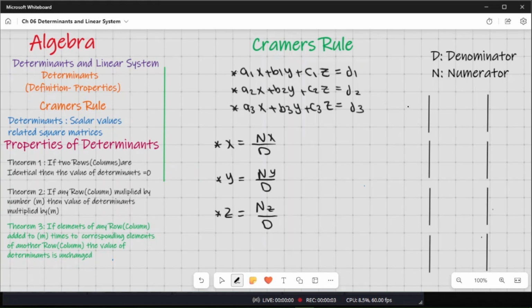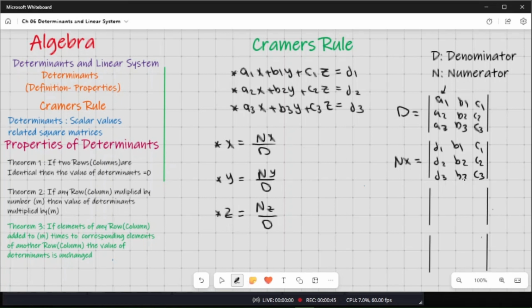Here d equals the determinant of coefficients: a1, a2, a3, b1, b2, b3, c1, c2, c3. For nx, replace the coefficient of x by the free terms: d1, d2, d3, b1, b2, b3, c1, c2, c3.